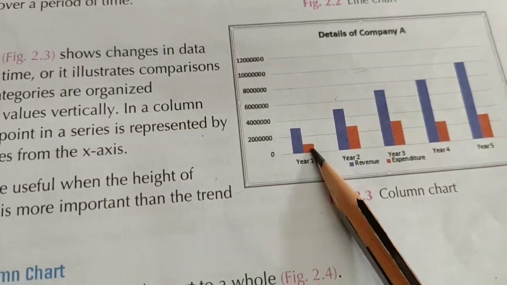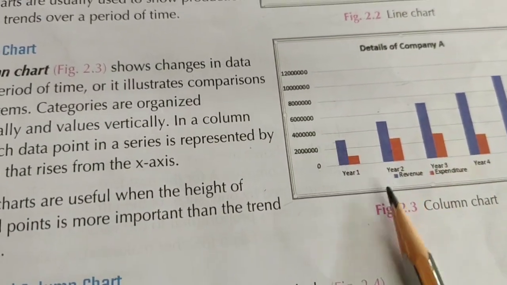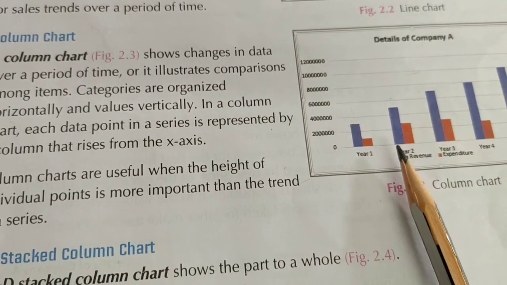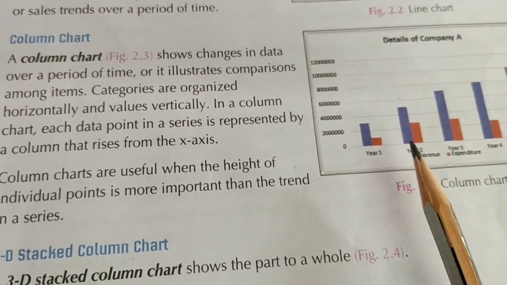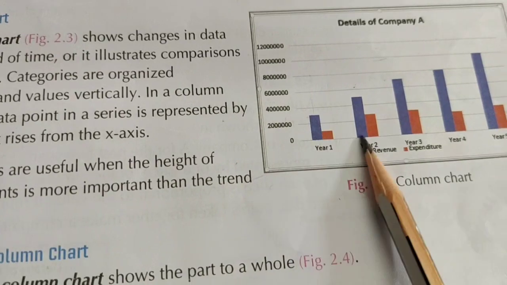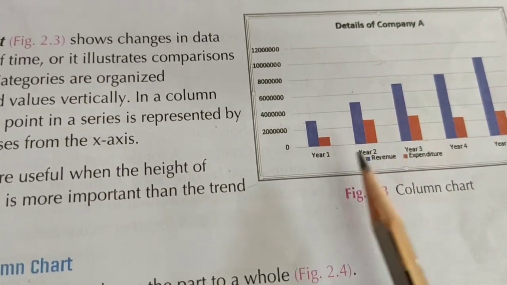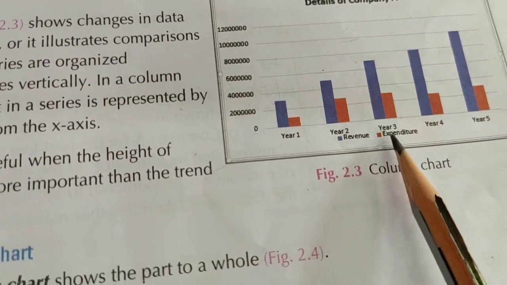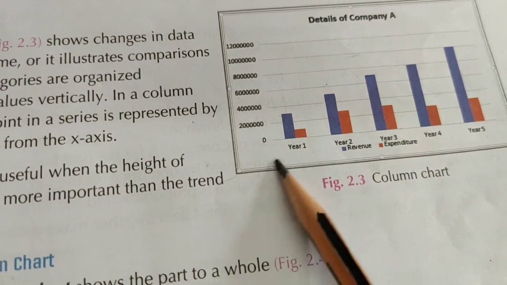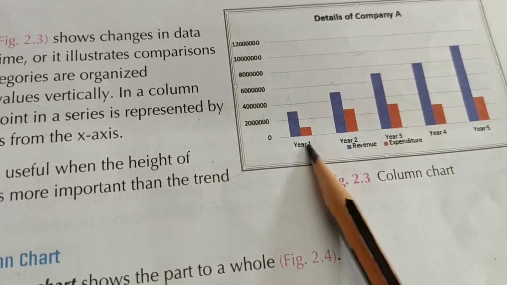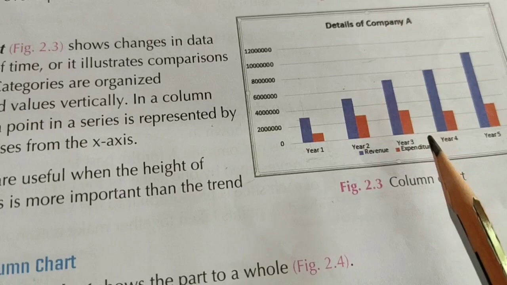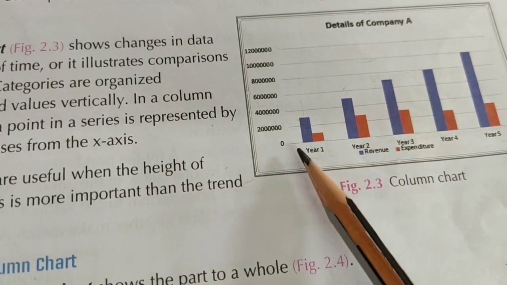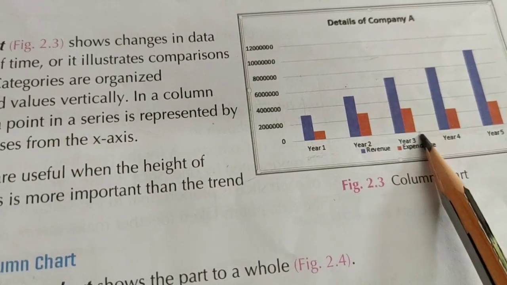One thing I want to make clear is that a column chart has columns that rise from the x-axis only. This means year 1, year 2, year 3, year 4 till year 5 are plotted on the x-axis, and the increasing and decreasing values are represented from the x-axis only. Clear?